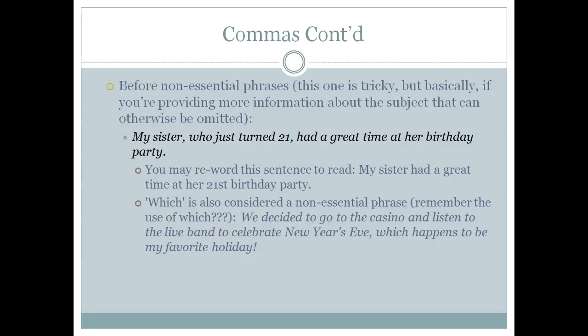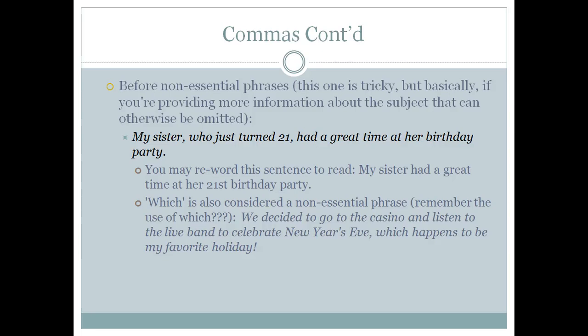The next tip is to use a comma before non-essential phrases. This one's tricky, but if you're providing more information about the subject that can otherwise be omitted, then you would use a comma. So, my sister, who just turned 21, had a great time at her birthday party. You could just say my sister had a great time at her birthday party, but because you want to add who just turned 21, you would put commas there.